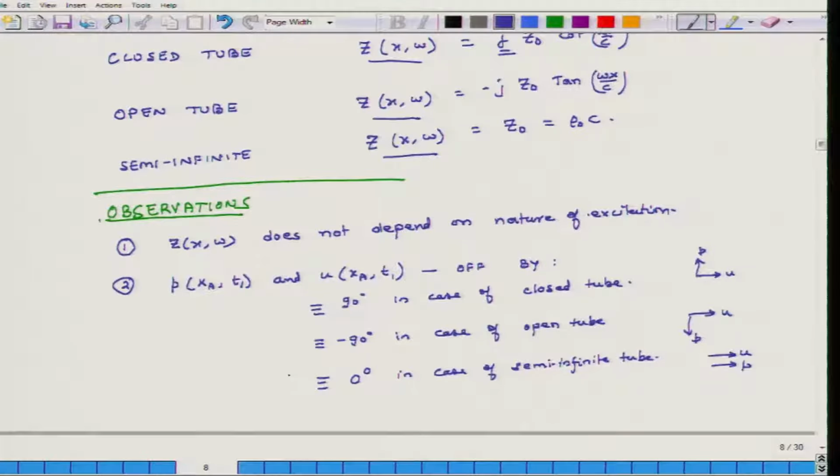So, with this we will now close the discussion for today. What we have done is we have captured how pressure and velocity are related through this term called phase, and we have explored this relationship in context of open tubes, closed tubes and semi infinite tubes.